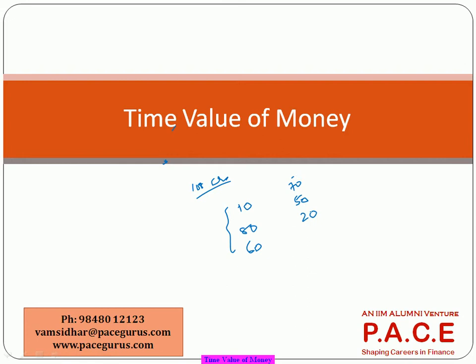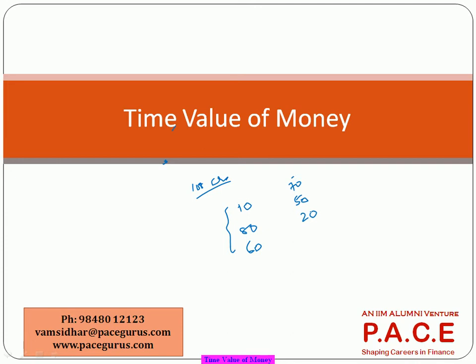The 70 which you get initially, if I redeposit it, because I am getting the cash very early, even at 10% I'll get 7 crores every year as interest. So after 2 years, the same 70 will become another 14 crores extra.